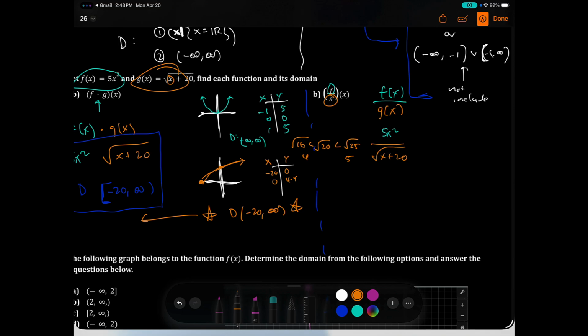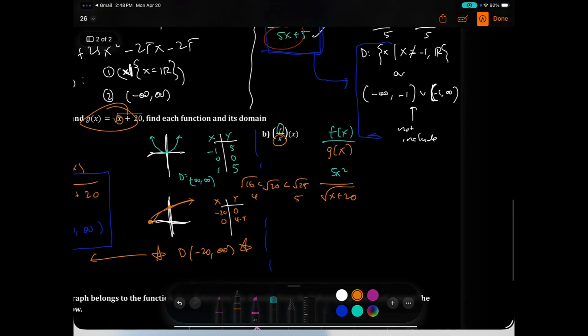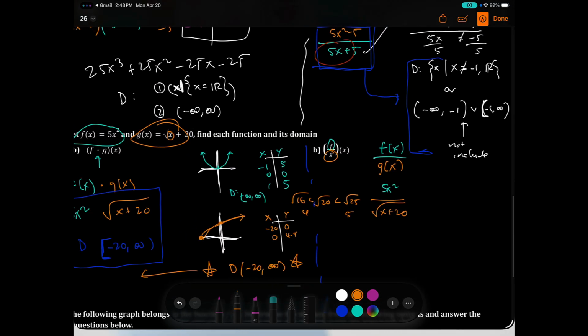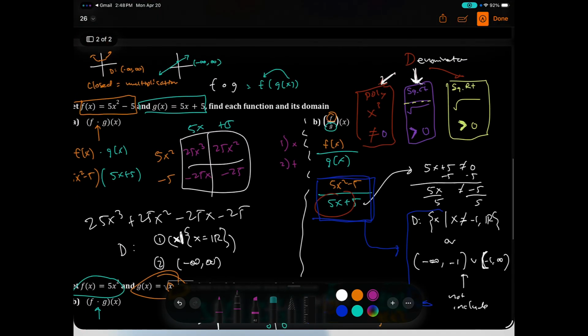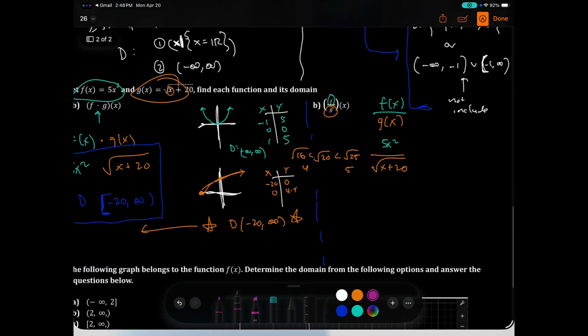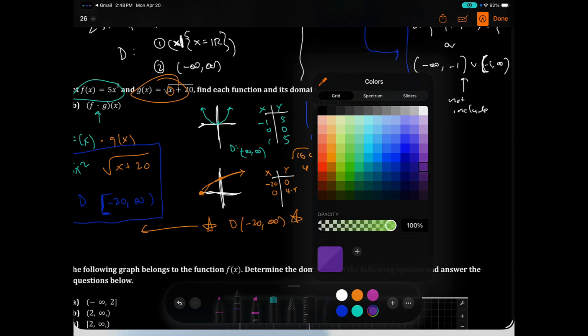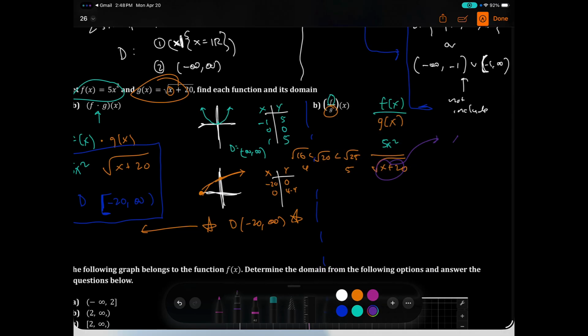Because if I put -20, that would be 0. So let's go ahead and do that one. That condition up there is the purple one, so let's do that in purple. So this one, x plus 20 greater than 0. So x has to be greater than -20.